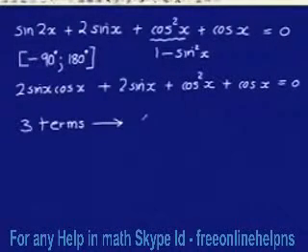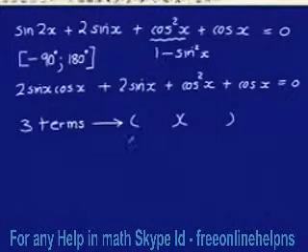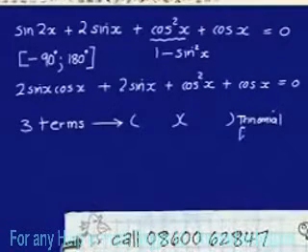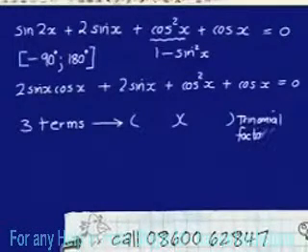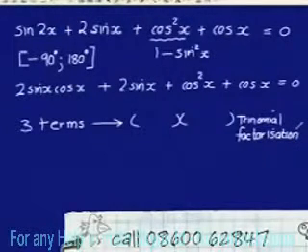So let's say you're going to open 2 brackets. And then you're going to use a technique called trinomial factorization, aren't you? Yes. All right. Now, that isn't what we're going to do here because we haven't got 3 terms. We've got 4 terms.